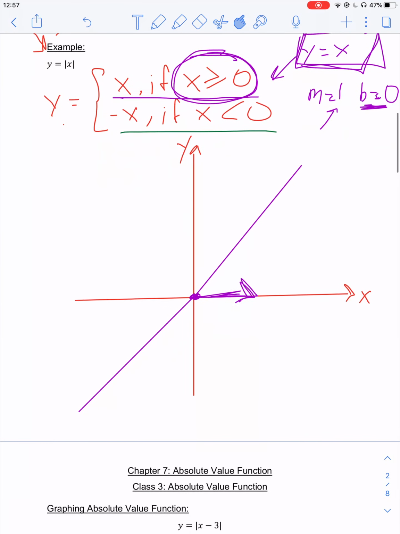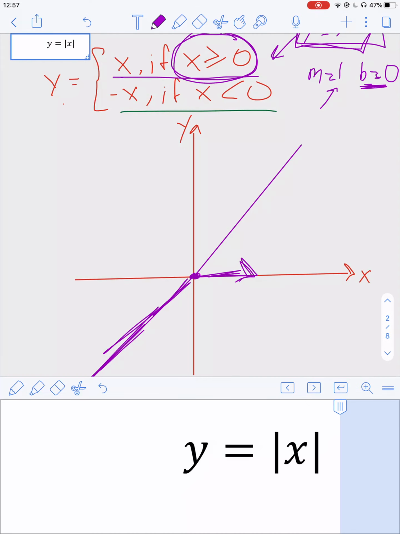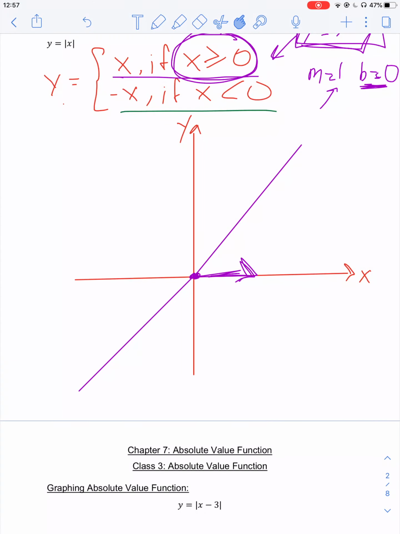So if you pay attention to this branch, the y values down here are negative, which is why you're getting rid of this piece, because you cannot have negative values in an absolute value function, okay? If you follow your domain, it tells you that x has to be greater than 0, so that means this branch needs to disappear, okay?